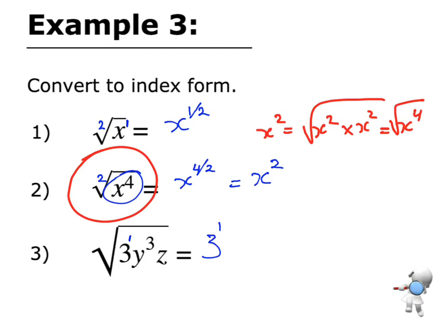And it's the square root, so I'm going to divide that by 2. Then I'm going to take y to the power of 3 and write that down. And then I need to deal with the square root, so divide that by 2. Then I'm going to take z, which is z to the power of 1, and divide that by 2 because that's our square root sign.